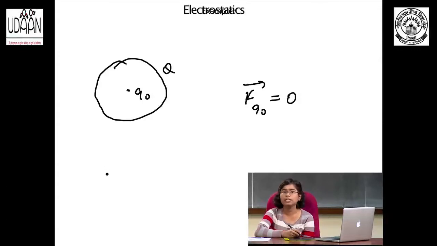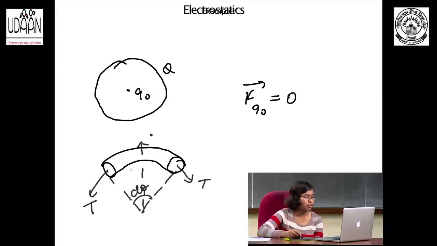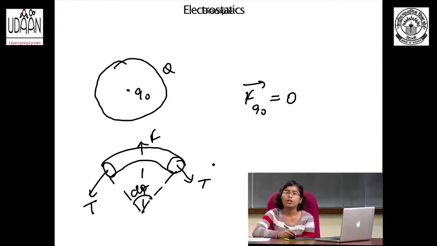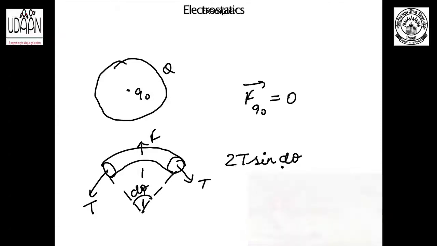Now we have to calculate the tension in the ring. For this we will take a small element. Equating the forces in the vertical direction, we get 2T sin(dθ/2) is equal to the electrostatic force, which is equal to K dq Q0 upon r square, where dq is the charge on the small element being taken.